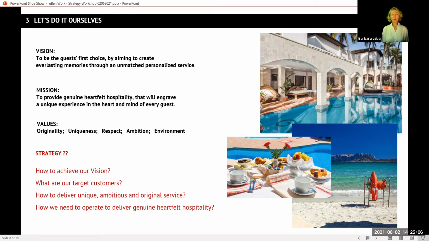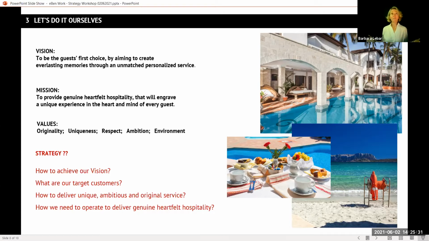So what we are expecting, what to do. You will have 20 minutes to prepare a short strategy, how you would work, how you would operate in this hotel. And think about how we can achieve the vision to really be the guest's first choice whenever they think about everlasting memory.